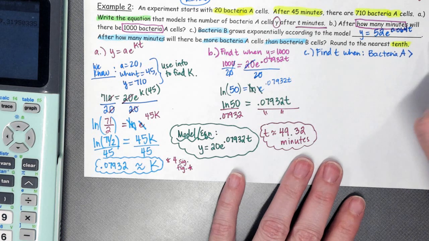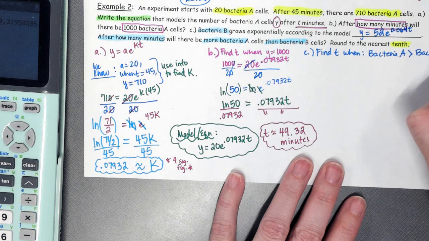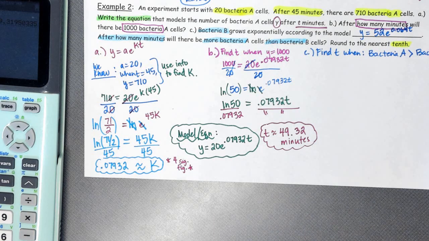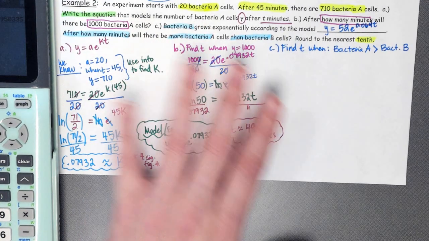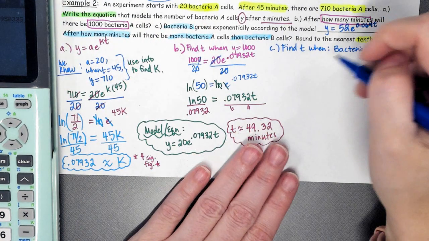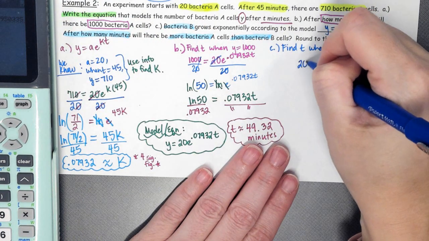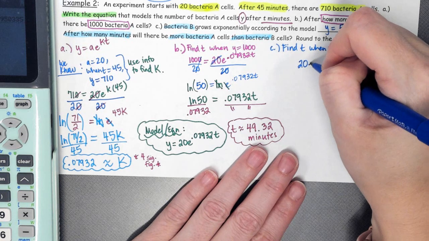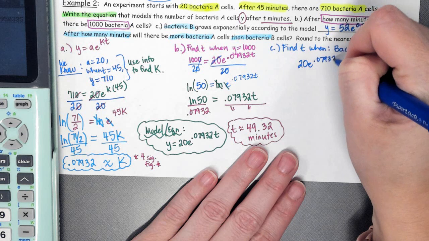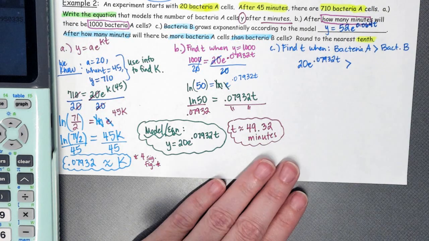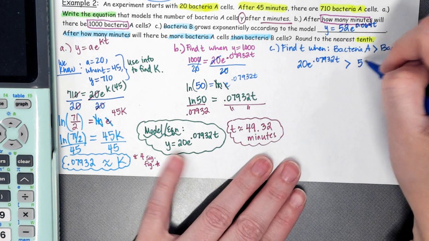So bacteria A has to be greater than bacteria B. What we're going to do is plug in the equation for each. Bacteria A, we found that in part A. And they gave us bacteria B.